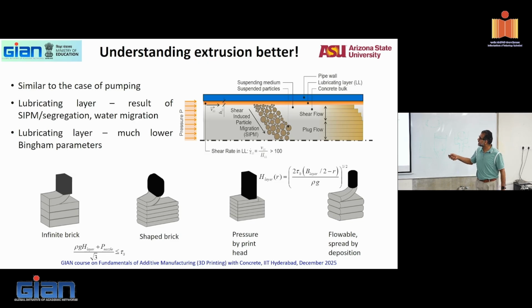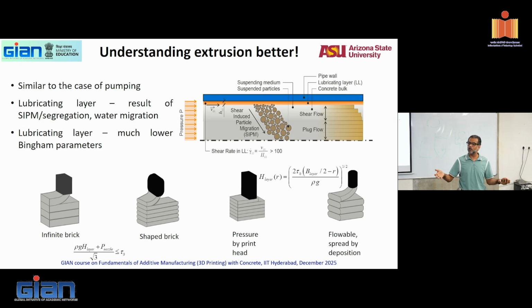Now, the shear rate in the liquid layer and the shear rate in the layer rich in particles are going to be different. Therefore, they are going to be flowing differentially with respect to each other, which means you will have a lubricating layer that's very close to the wall, which actually is good because it is like you have lubricated the pipe walls with oil so that things will move very easily.